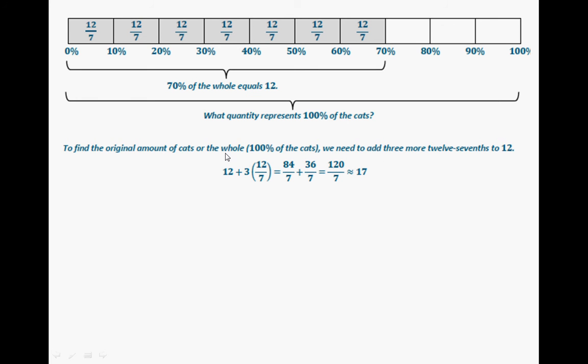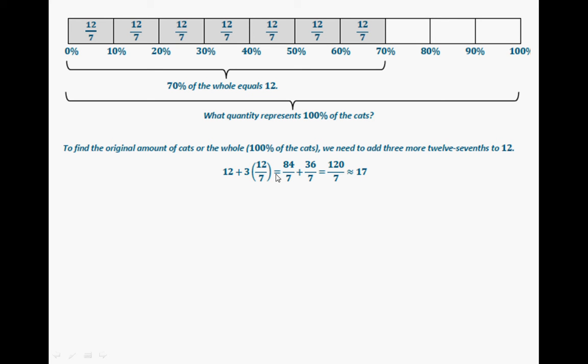Well, to find the original amount of cats, or the 100% whole, we need to add 3 more 12 sevenths to 12. So 12 is our part, okay? And now we have 3 more blocks to get to 100. Well, if each one of these is 12 sevenths, then we have 3 of those.